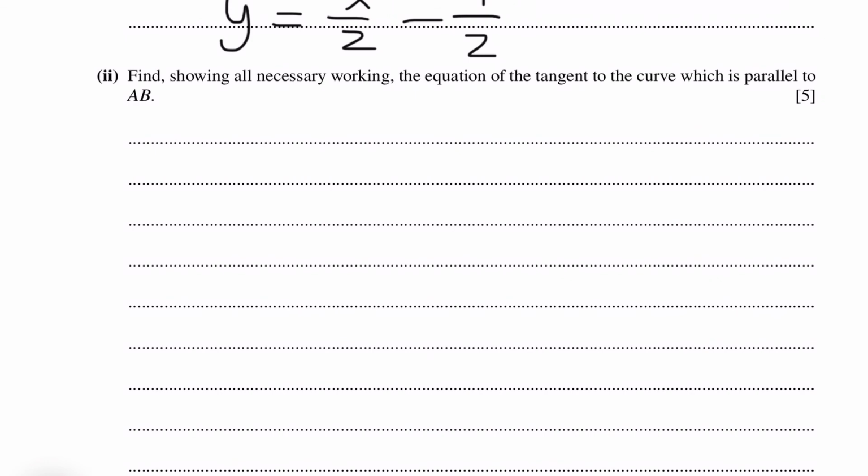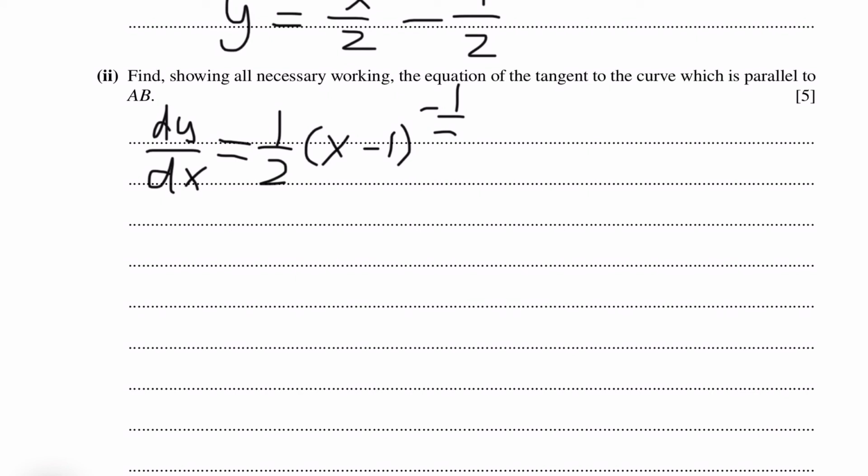Find, showing all necessary working, the equation of the tangent to the curve which is parallel to AB. So the gradient of the tangent should be the derivative. So half x minus 1, negative half. This is equal to half as well, because parallel to AB means having the same gradient as AB. So half is equal to the equation above.